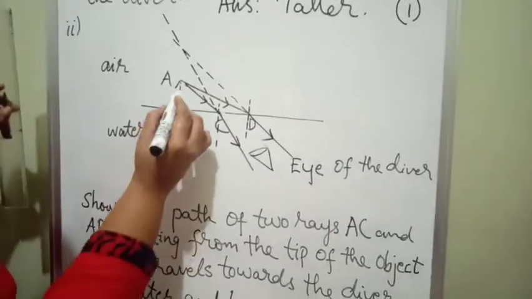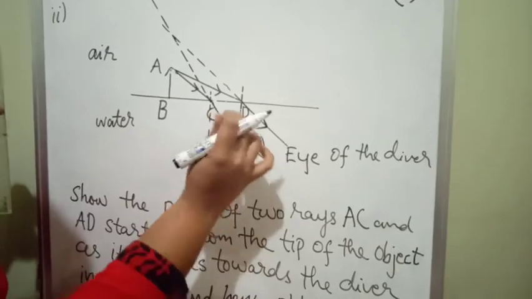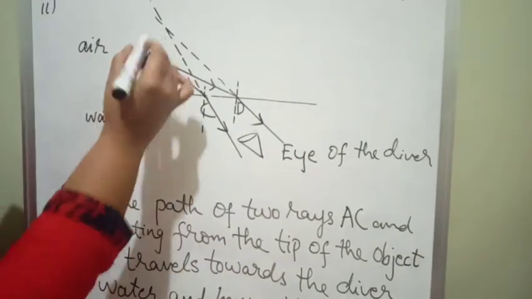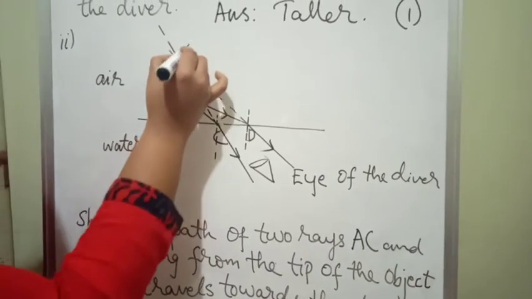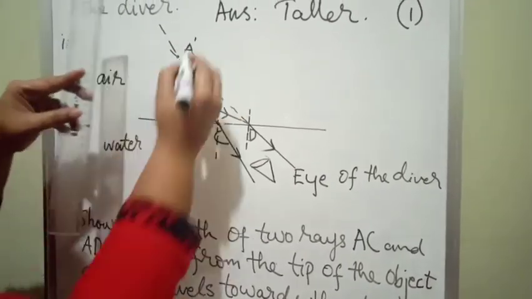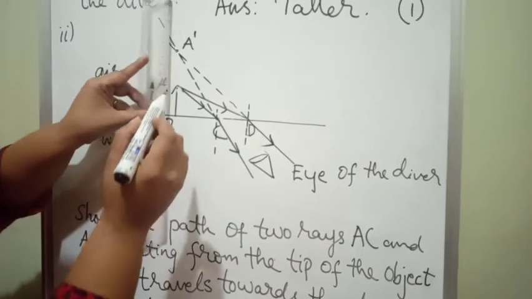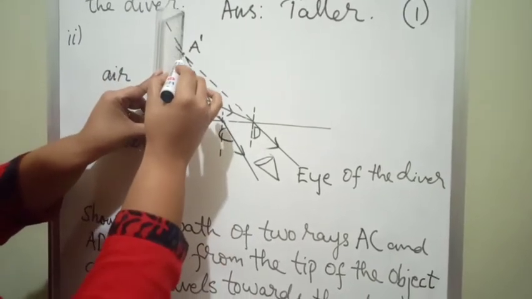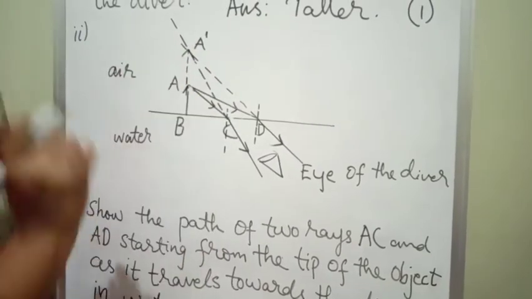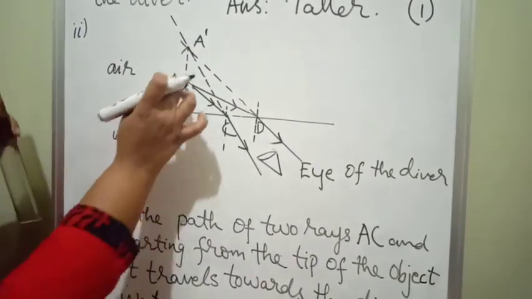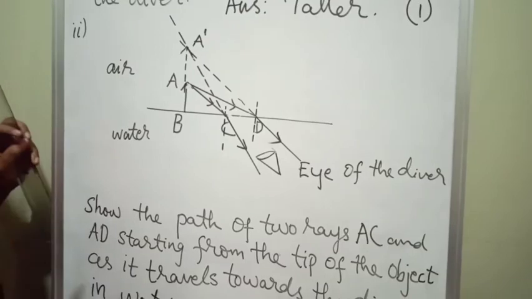Now we can see these 2 refracted rays, when we extended them backwards, met at a point here. At this point you will be getting the image. That means I marked A dash. We have to join this. When we join, we must use dotted lines because this is a virtual image.